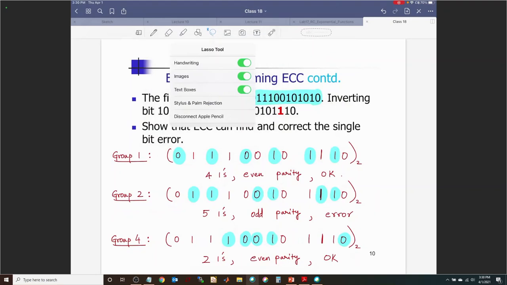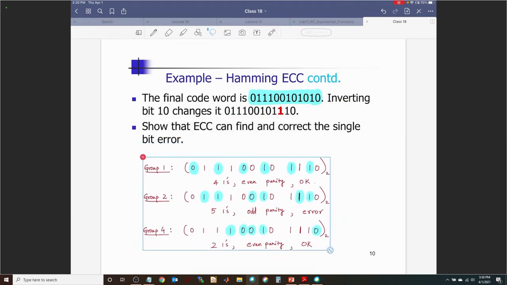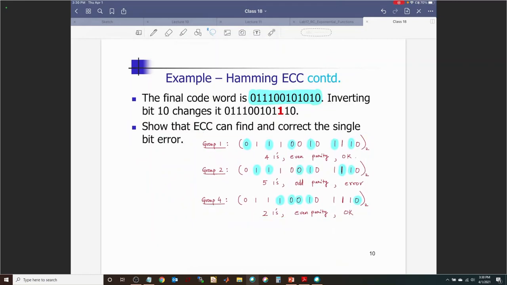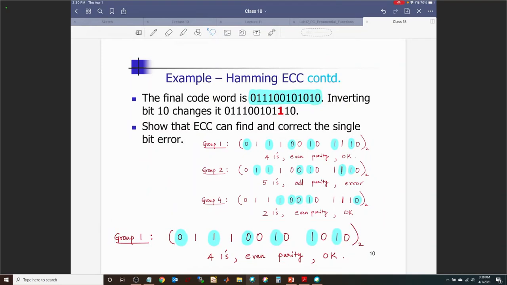Now we have one more group to do. So I'm going to resize this, make it a bit smaller so that we have space for the last group here, which is group number 8. All right.